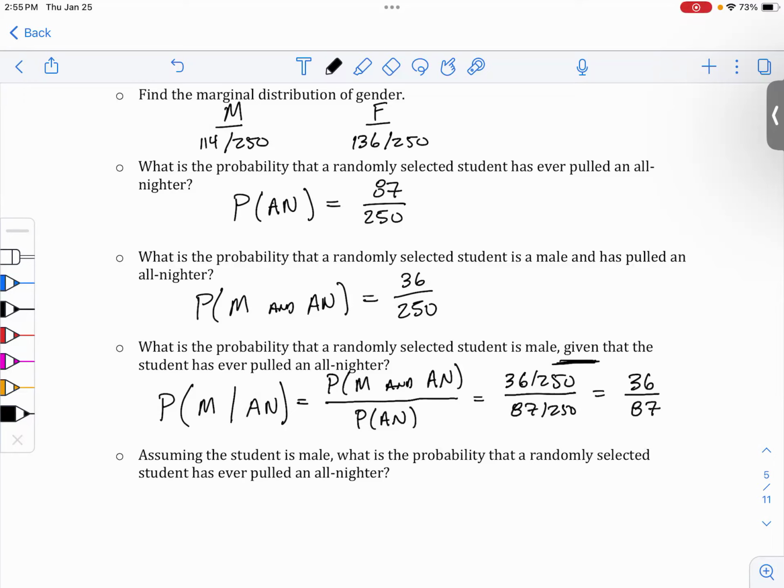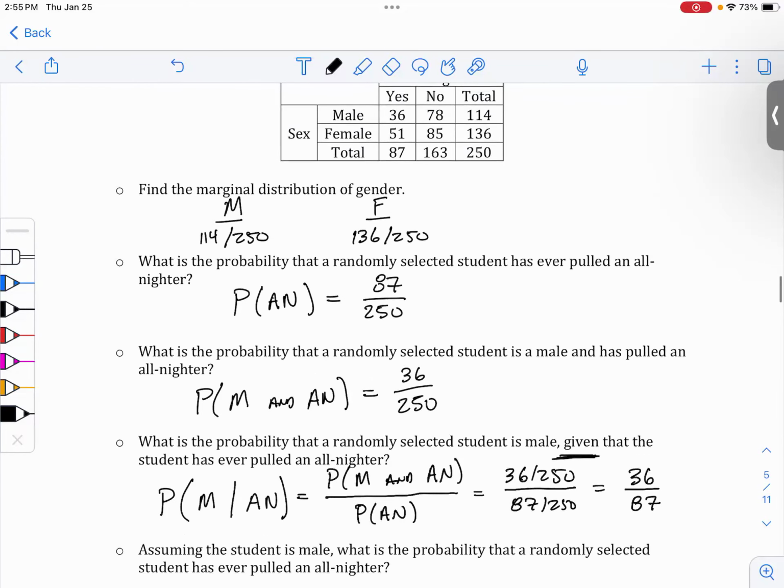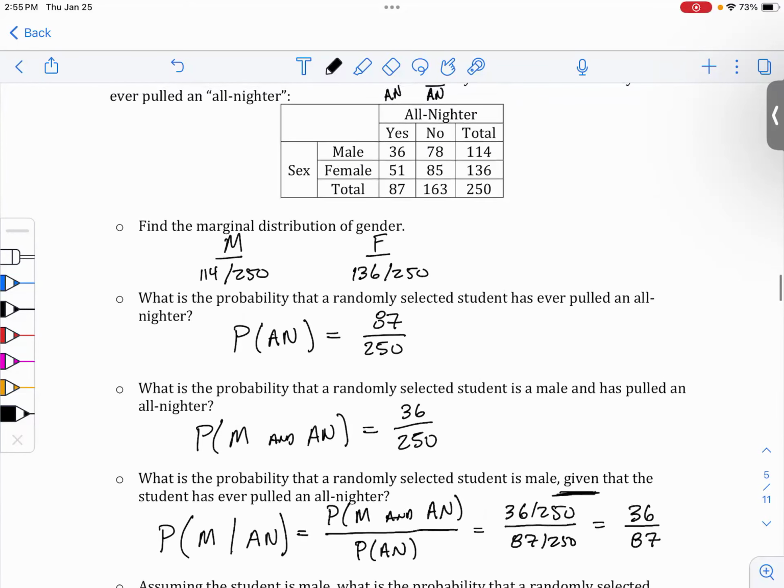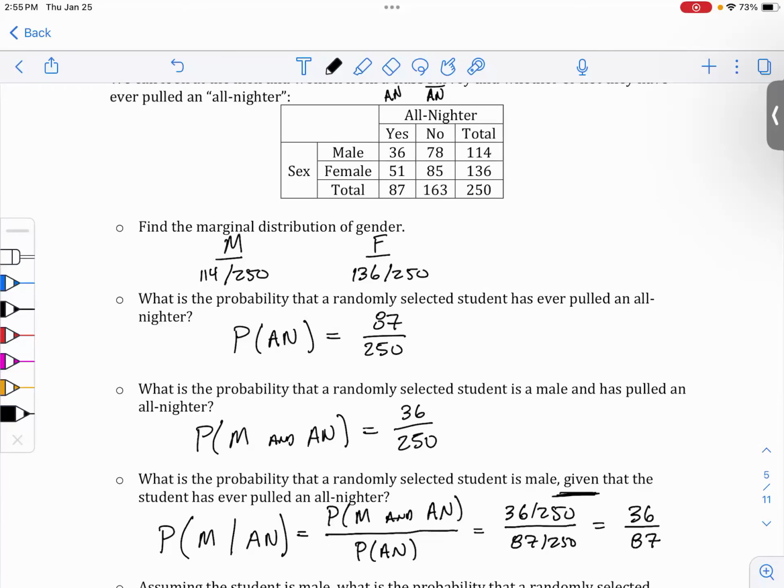Now, here's the nice thing. With tables, I can actually shortcut that definition. Sometimes you have to use the definition, so you want to be able to use it. But I could have pulled this directly out of the table.